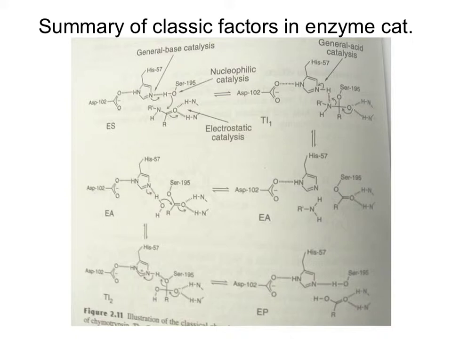Now, once this is done serving as a general base, it becomes a general acid, right, because it's now protonated. And now rearrangement is happening from the transition state where your oxygen electrons are coming down. This bond is being broken, right, so you're taking an amide bond and you're hydrolyzing it.